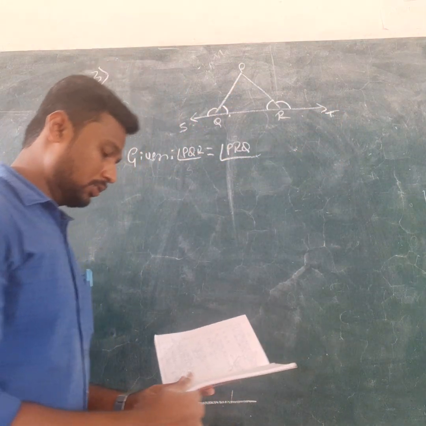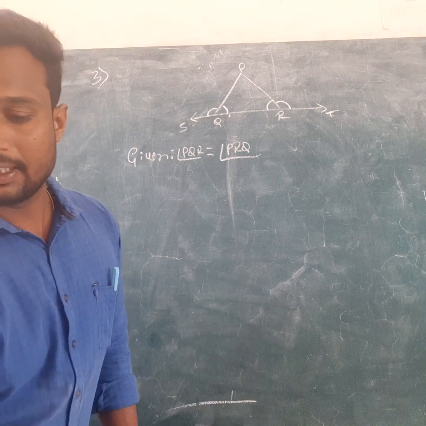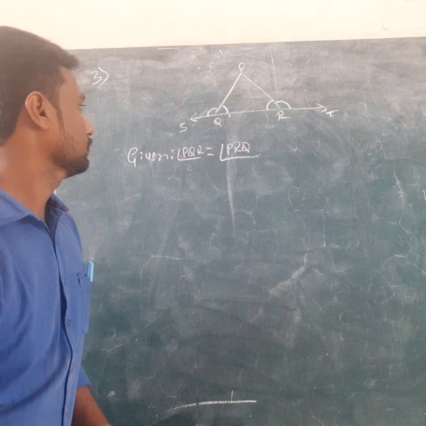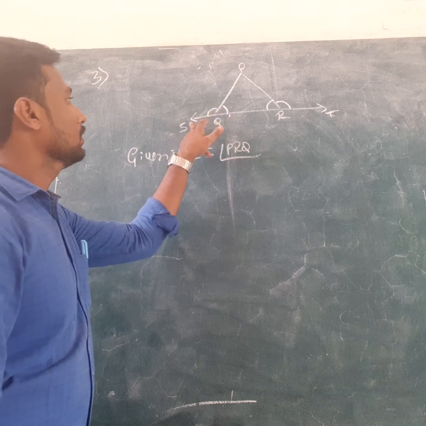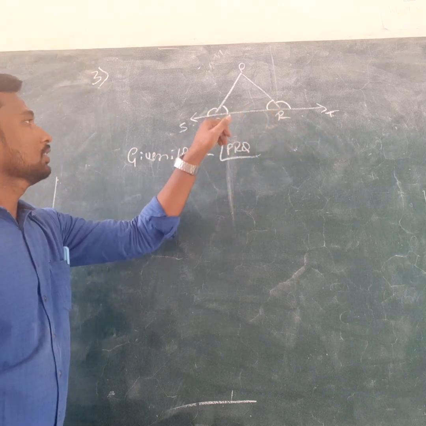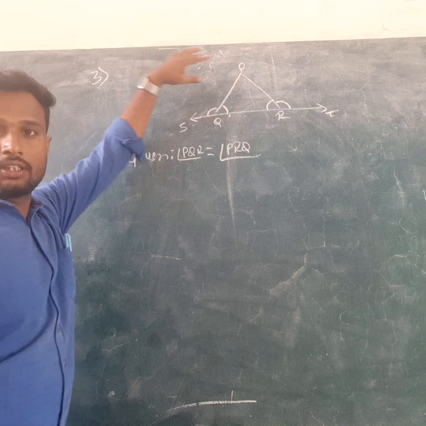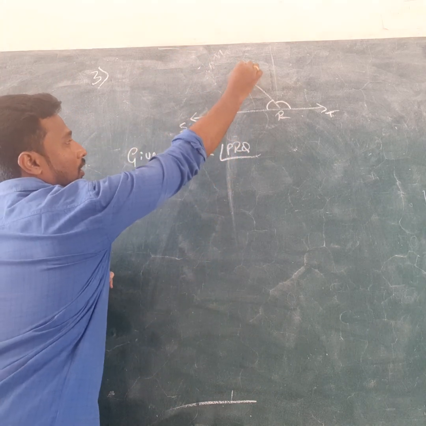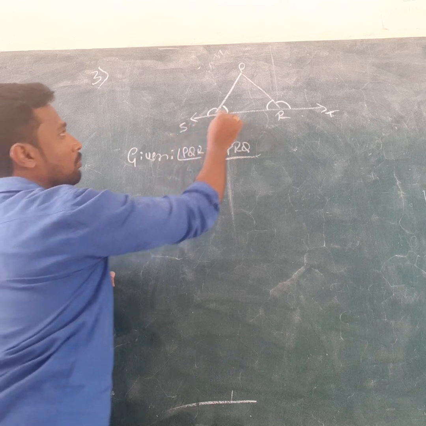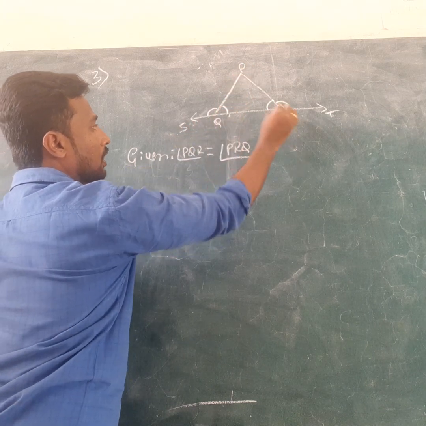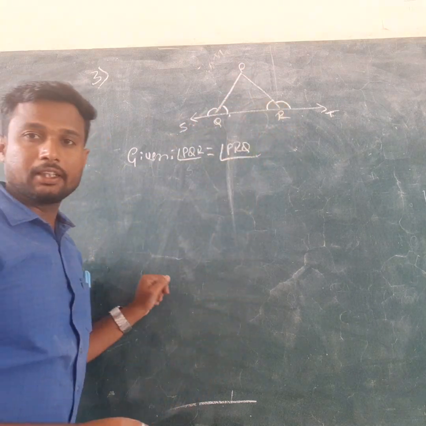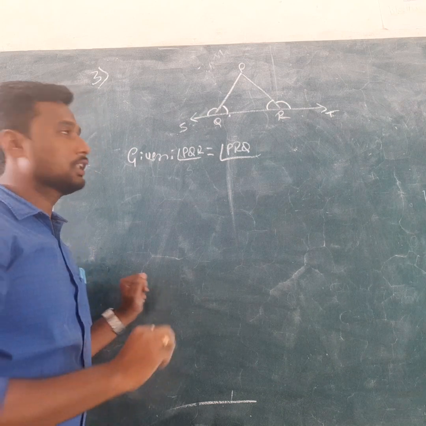Okay, so now on line ST, so here angle PQS, see here carefully, angle PQS plus angle PQR makes 180 degree. Why? Because of linear pair.